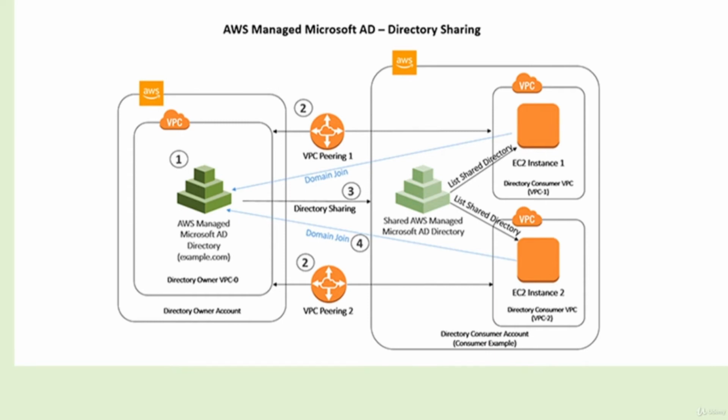Both have AWS Managed Active Directory. The owner has the managed account and the consumer has the shared AWS managed account. So you can share your domain, files, and utilities with different instances on the cloud.